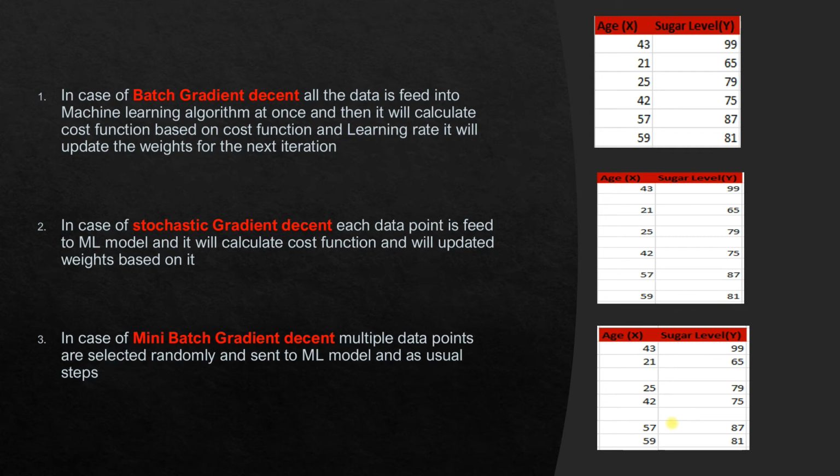Of course, the steps remain the same. It calculates the cost function, and based on the learning rate we provided, it updates the weights and iterates again. Not just a second time: it iterates until we find the best accuracy, or until we get the lowest mean square error in the case of linear regression.